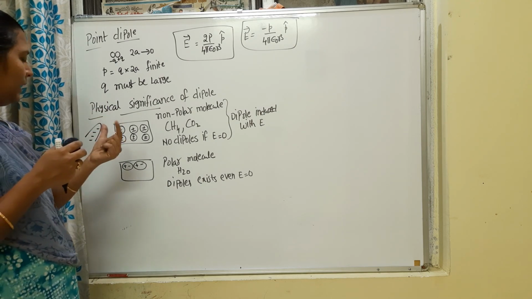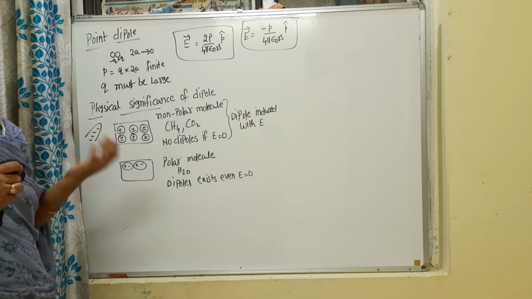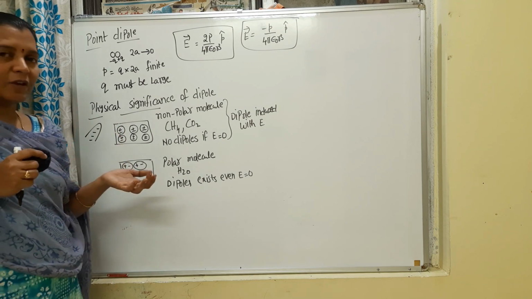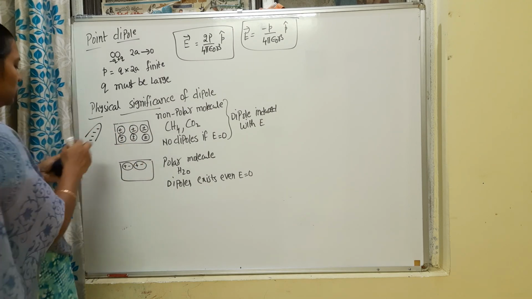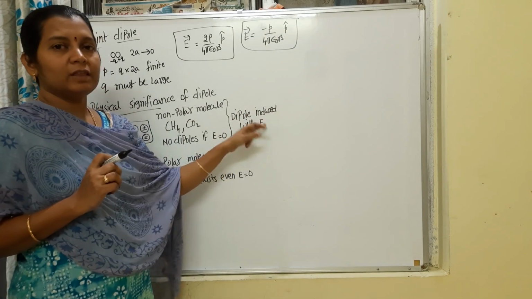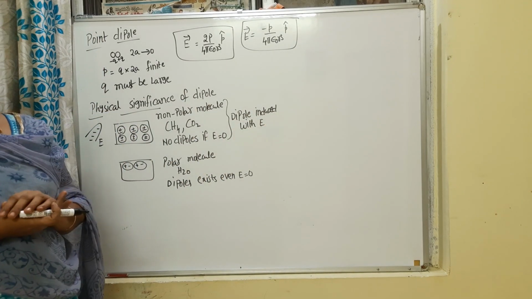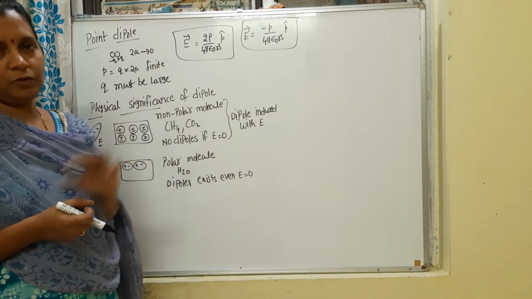The negative and positive charges are slightly displaced, giving rise to a dipole, and such dipoles we call induced. The dipoles are induced with the applied external field E. Such a type of molecules we call non-polar molecules.